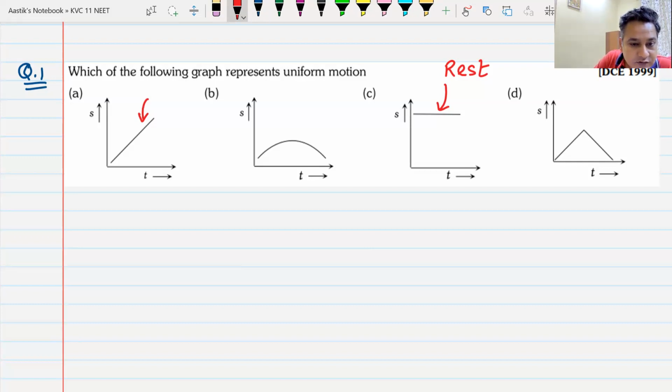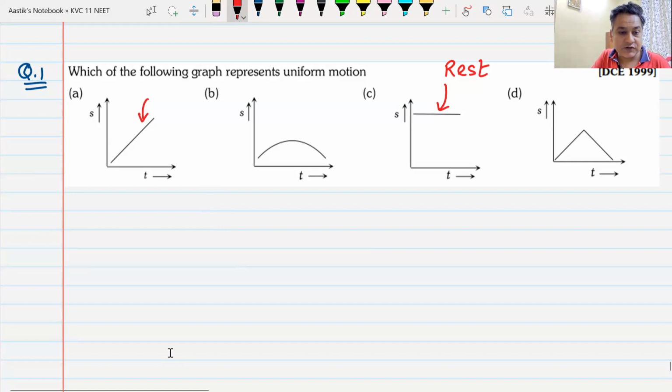Let me ask you this question now. I hope we have done with this, everyone. And this is the next question. I have to put it into different parts because the question is segregated.